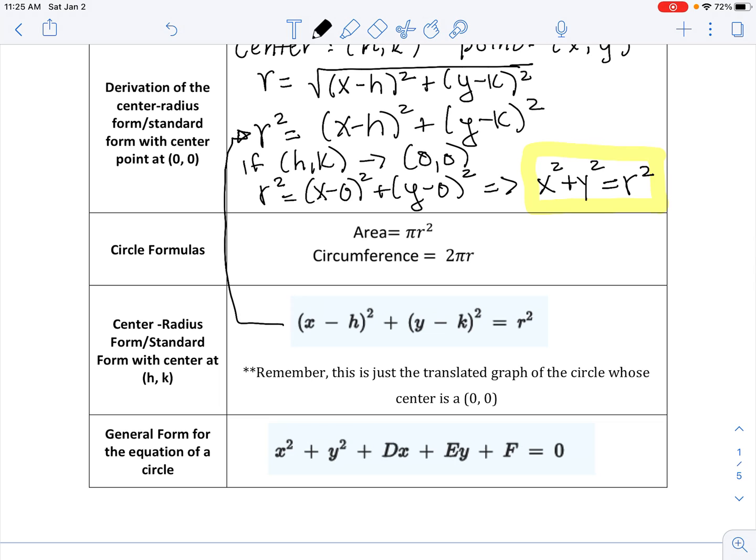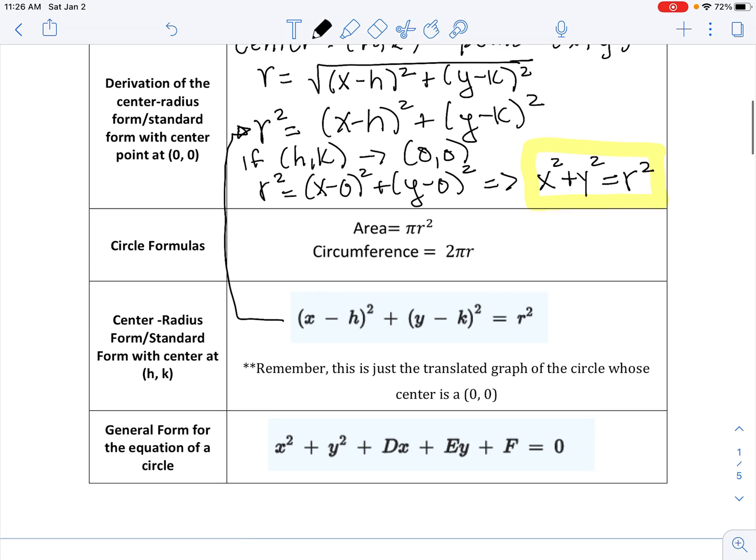And remember, this is just a translation. So if you remember your translation skills, this will be h units to the right and k units down. So if it was x plus h squared, that would mean you would be going h units to the left. So you're going to have to keep track of that when you're locating the center of the circle.